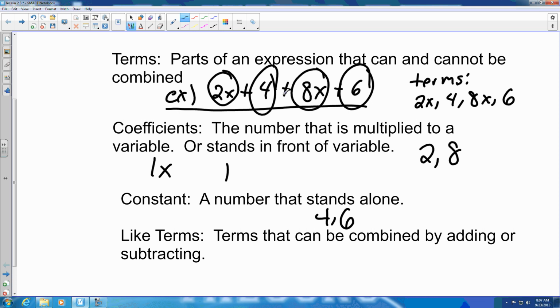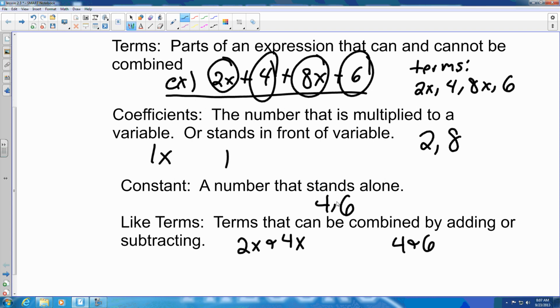And then we have like terms. Like terms can be combined by adding or subtracting. So with like terms you can add up variables together and you can add up constants together. So for this example here, like terms in that expression would be 2x and 8x, and another like terms would be 4 and 6.